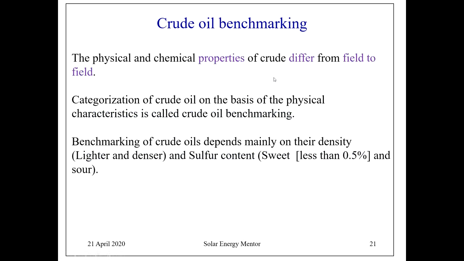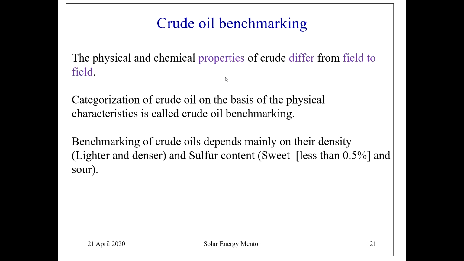Crude oil is traded in barrels, and the physical and chemical properties of crude differ from field to field, and depending on the chemical and physical properties, the price of the crude oil is determined. So categorization of crude oil on the basis of physical characteristics is called crude oil benchmarking. So pricing is done on the basis of crude oil benchmarking.